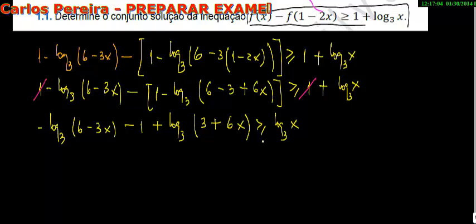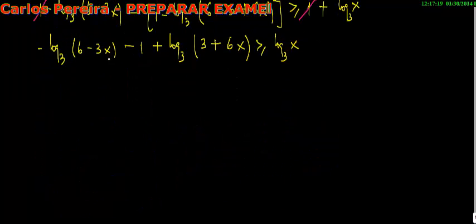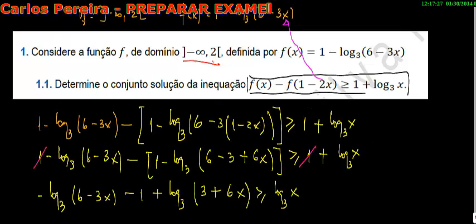Now, as you can see, I have another expression. At the beginning, the domain was this one, and this is the domain of the function, okay? But now I must find again the domain for this expression. But you can never forget about this domain. I don't know if you are understanding what I'm saying. Are you?